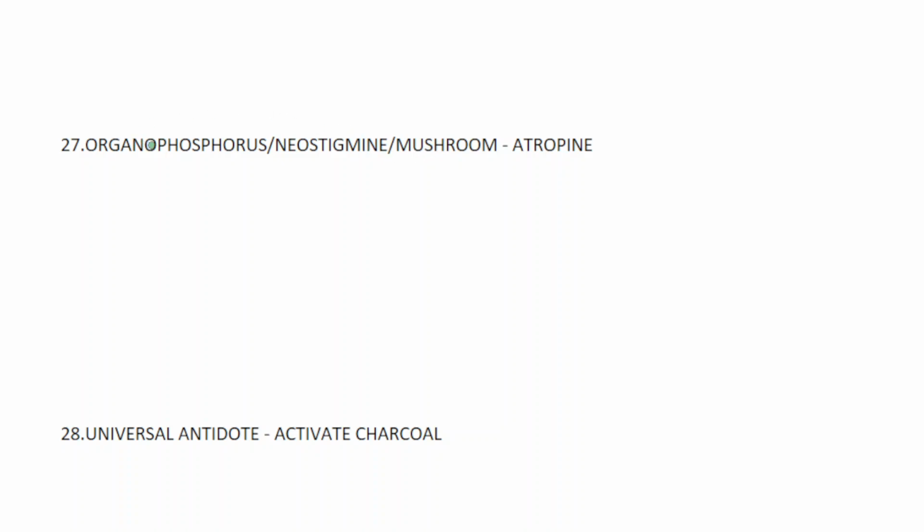Organophosphorus inhibits the acetylcholinesterase enzyme and causes continuous stimulation of muscles, glands, and CNS, and it increases salivation, lacrimation, urination, and defecation.